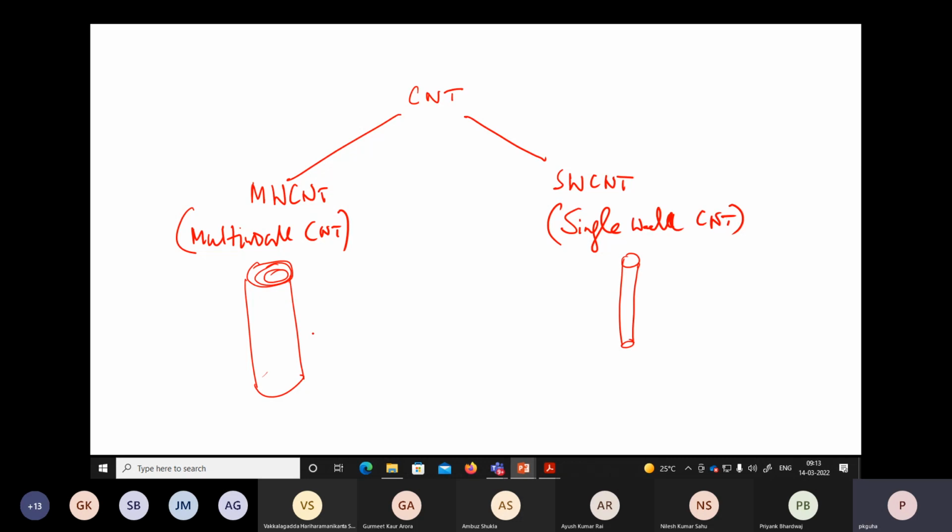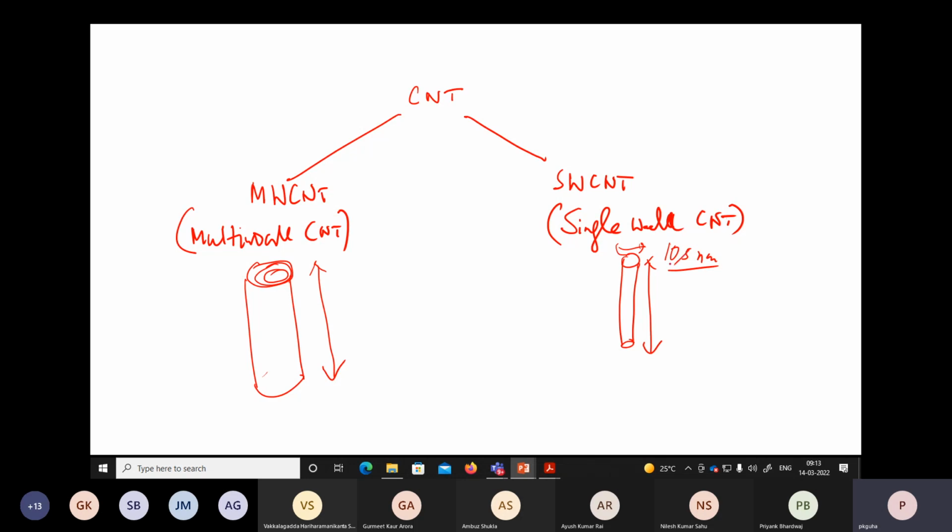There are various kinds of radius and length depending on how you are fabricating it. Length may be few hundreds of nanometer to even few micrometers. In case of single wall, radius is very small, maybe at max a few tens of nanometer, even less than 10 nanometer.